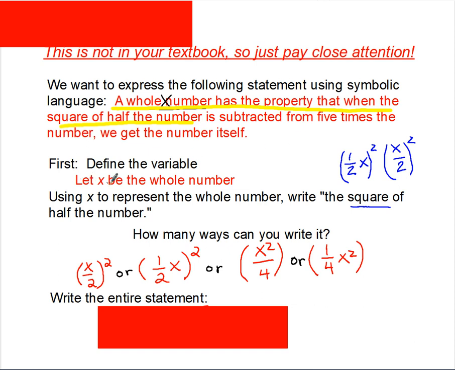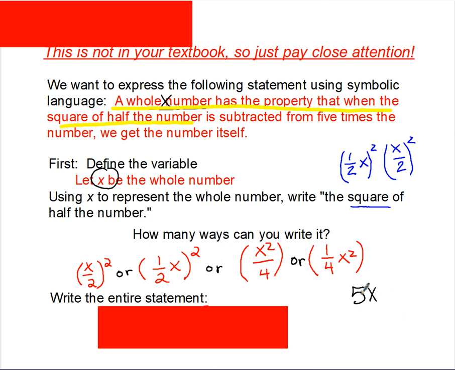Well, the number is x. How do we write 5 times that number? We would write it 5 times x, because whatever x is, 5 times it multiplied. But we know that this first part that we wrote is subtracted from 5 times a number. Which one has to go first? Good, the 5x.